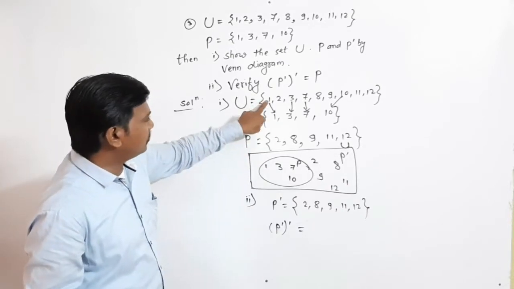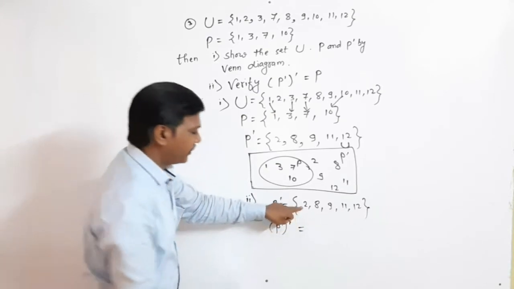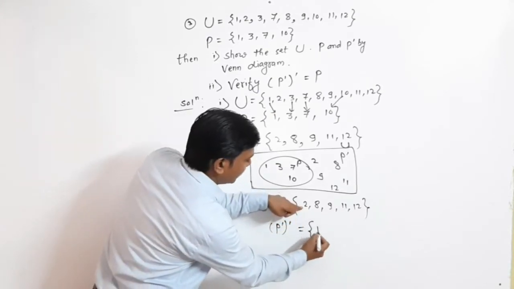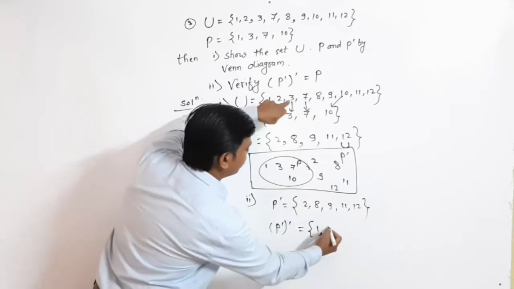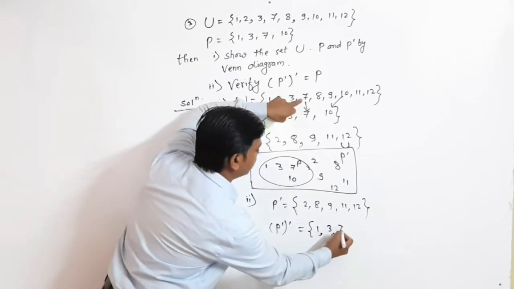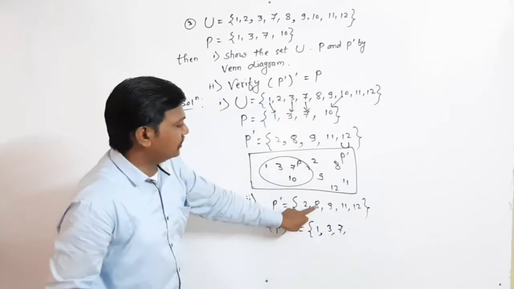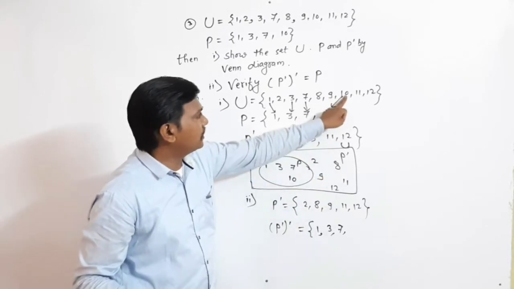So this 1 is in U, not in P complement. So we write in curly bracket 1. Then this 2 is there. Then this 3 is only in U. Then this 7 is. Then 8 is in P complement. Then 9 is in P complement.